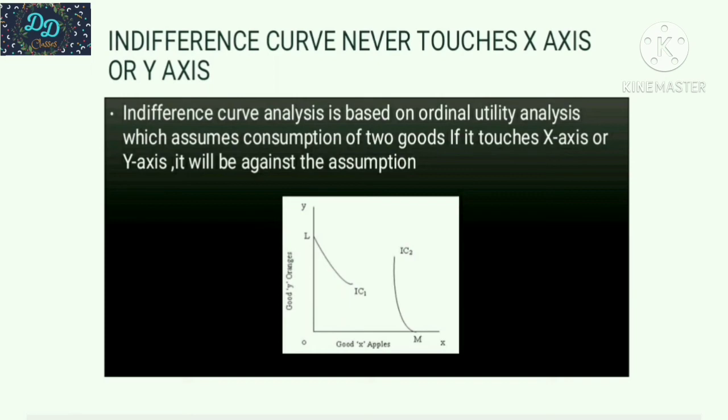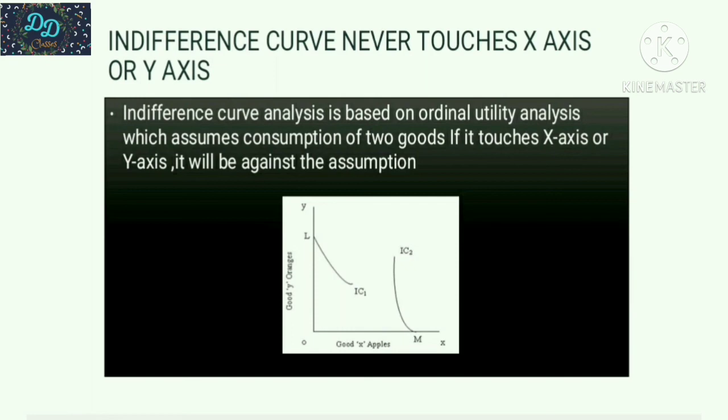In this diagram, indifference curve 1 touches the y-axis at point B, which implies that the consumer consumes OB amount of good 2 and 0 amount of good 1. Point A implies that the consumer consumes OA amount of good 1 and 0 amount of good 2. So the consumption at point A and point B is against the assumption of ordinal utility analysis.